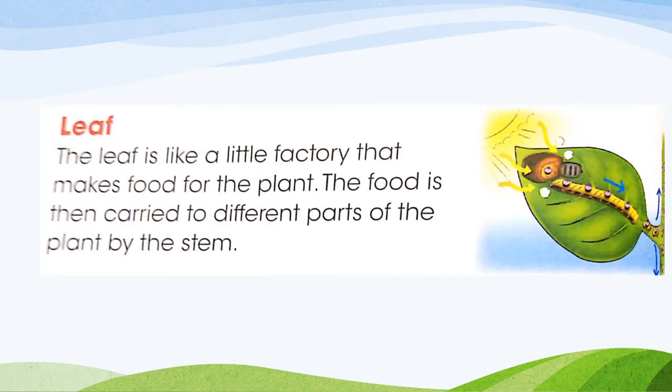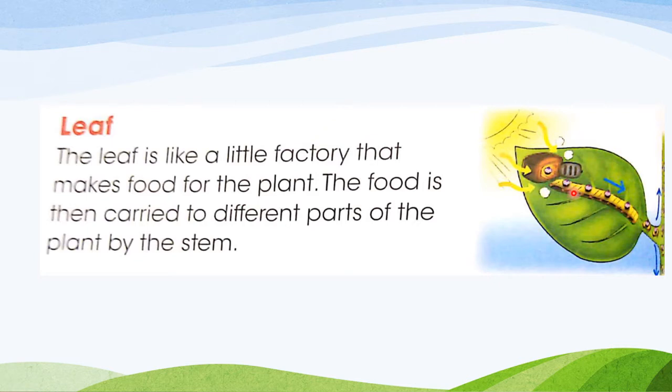Let's know about another part. Here is the leaf, L-E-A-F. This is a leaf. So students, the leaf is a little factory. It is a little factory that makes food for the plant. In the leaf, what is prepared?